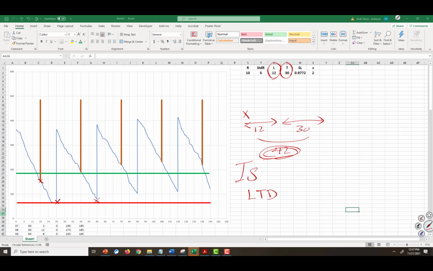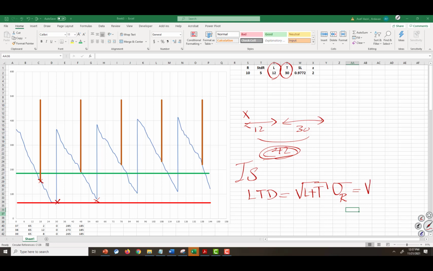demand during lead time, or lead time demand, is square root of L plus T, that is the period that I do not have any control to add to my inventory, multiplied by standard deviation of the daily demand.